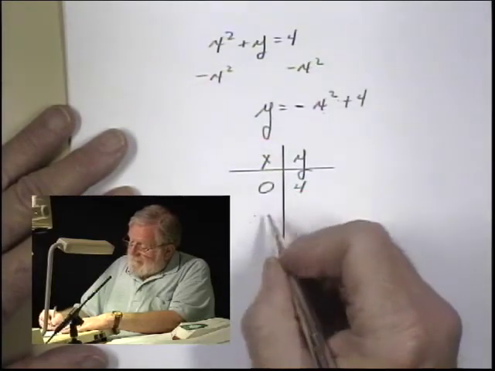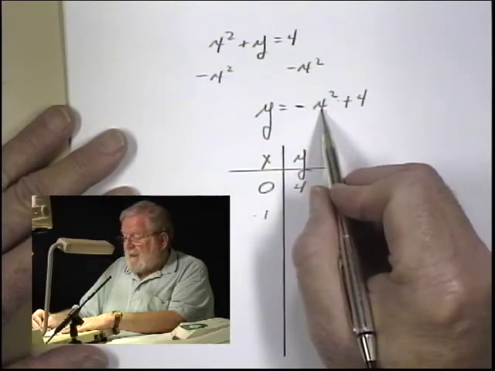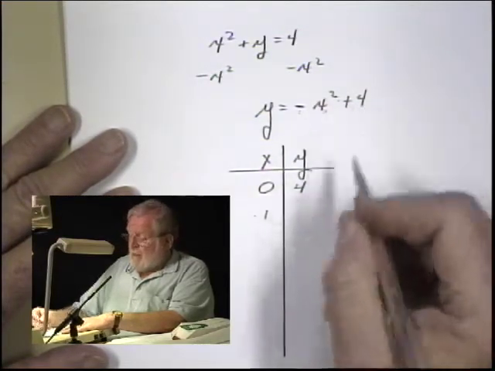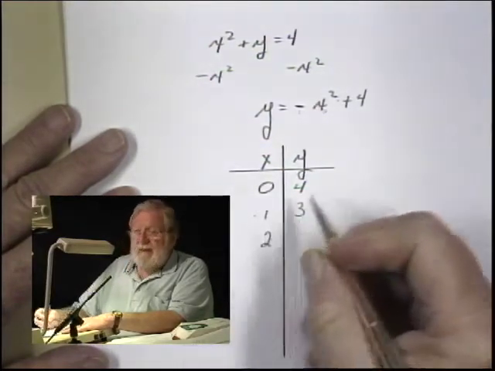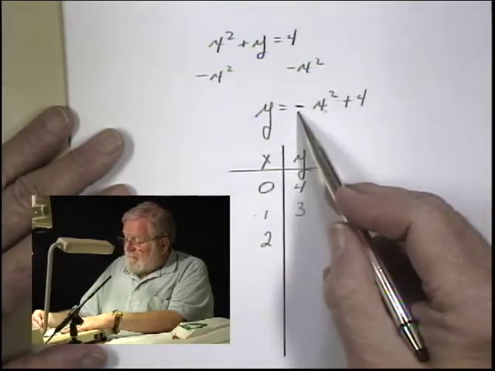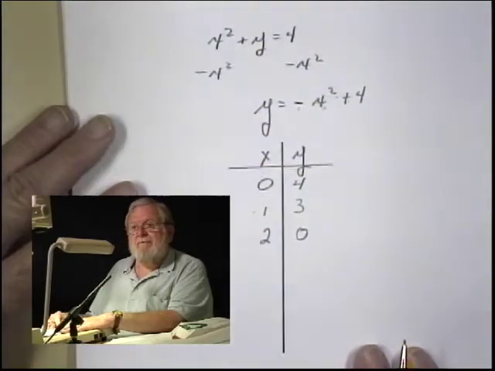Let's say x equals 1. We'd have 1 squared is 1, minus that, minus 1, plus 4 is 3. And we'll square 2. 2 squared is 4, minus 4, plus 4 is 0.